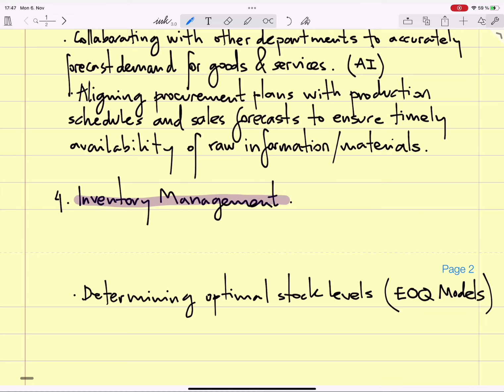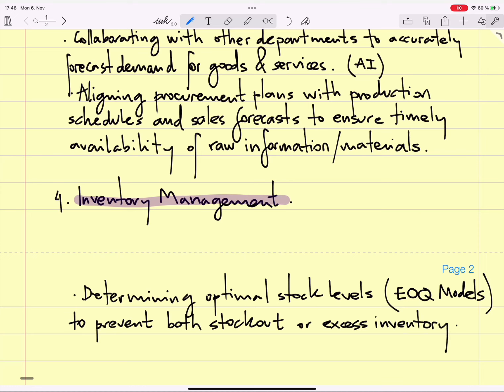You remember? Yes. From the lecture, I don't know when. To prevent both stockouts, so no inventory, or excess inventory. Okay.